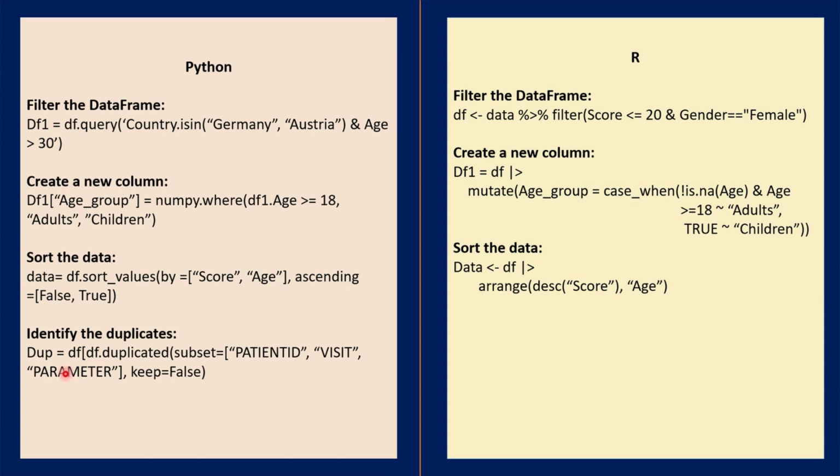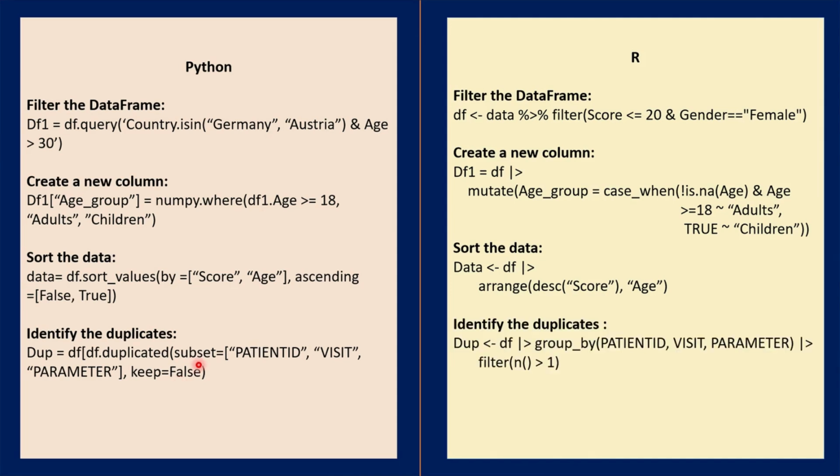If you have any other columns in your data, you can call those particular columns and see if there are any duplicates. If you keep keep equal to False, instead of giving a unique value, it will give all the list of duplicate values. If you remove this one, we give only a single record of duplicate. So make sure that the keep equal to False statement will tell you that yes, I need all the duplicates here. So now we will see how we can do it in R.